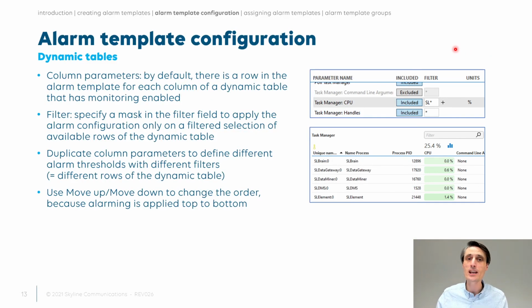Okay, so for tables, it is very important to keep in mind that you are activating monitoring on a complete column. So be aware of that filter if you only want to do it on certain entries in that table. And you can duplicate those items to have several filters, and make sure that your order is correct if you do some filterings that are overlapping.